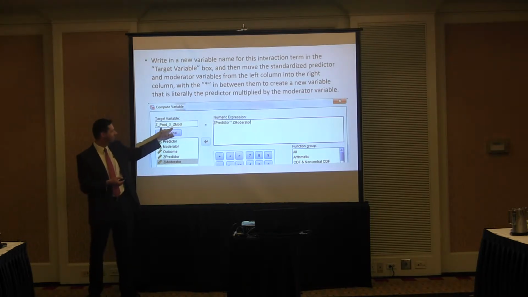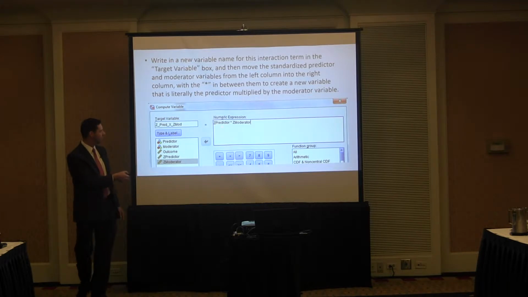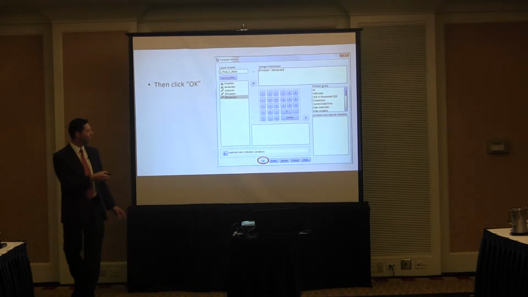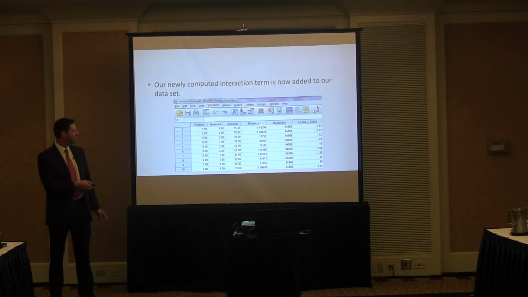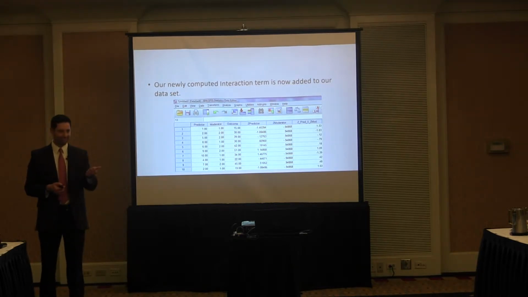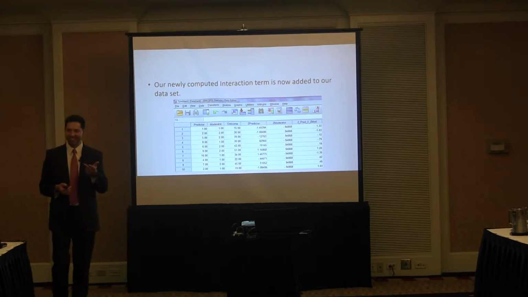Make sure it's clear in your title. Then we move them over here, from predictor into this box, multiplied by the moderator. And we've got our interaction term now. We press OK, and it will be right here. And now we have everything we need to test our moderation: our predictor, our moderator, and our interaction term.